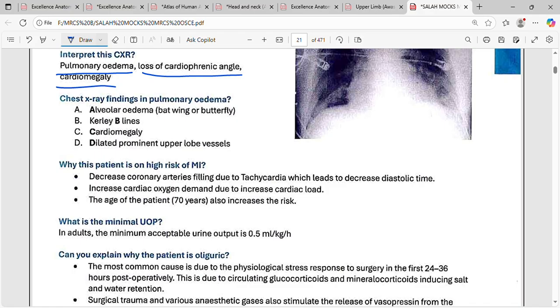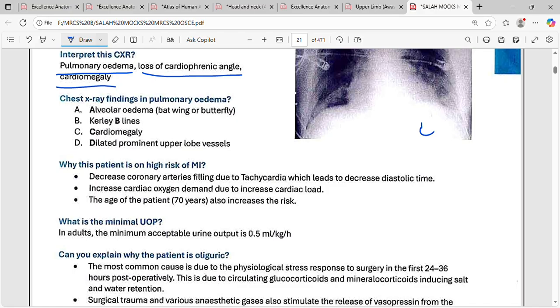The demand is also increased because the ventricle is huge and the end diastolic volume is low, so there is less perfusion or filling of the coronary arteries, and the perfusion of the heart is not okay.